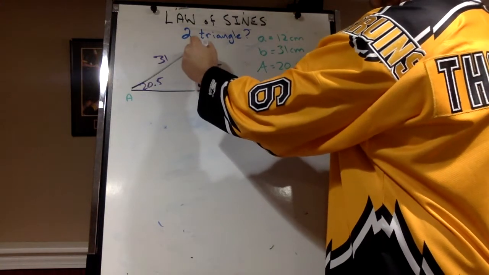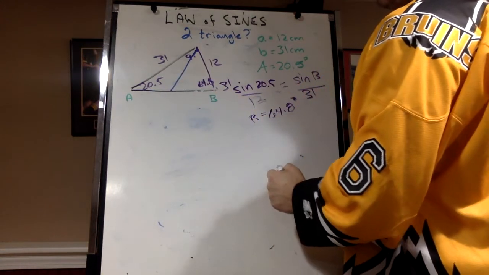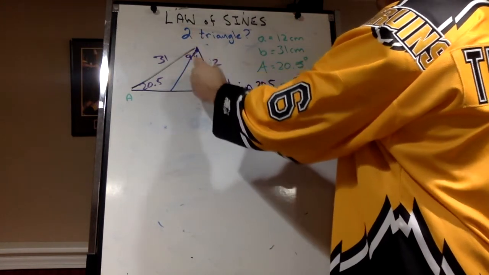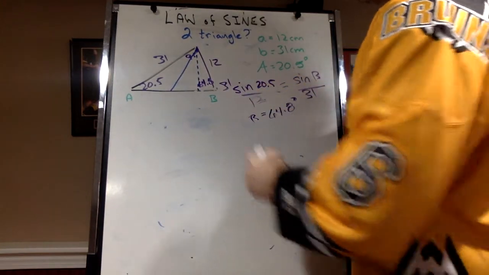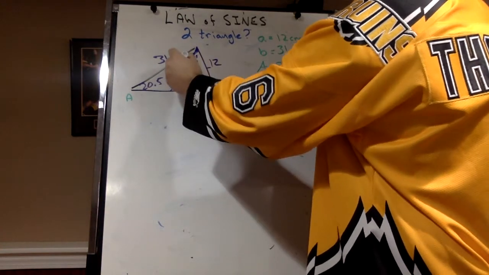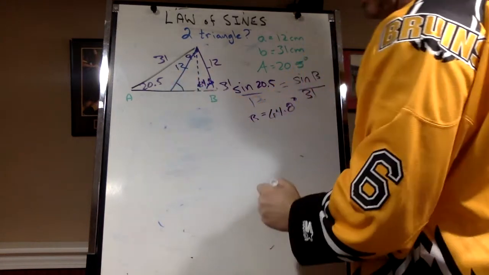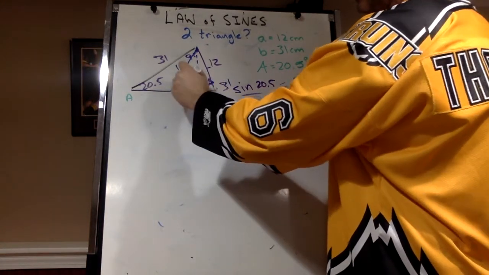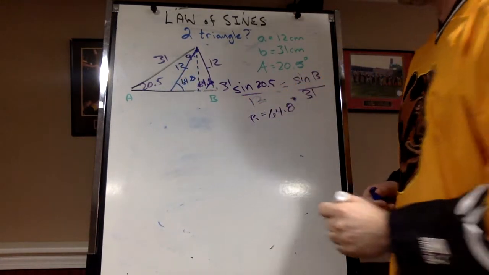We went this way, but instead, we would have this triangle. Now, notice, right here, we have an isosceles triangle. This side must equal this side, as we've shown. That means this angle must equal this angle. So if that angle is 64.8, that angle is 64.8.